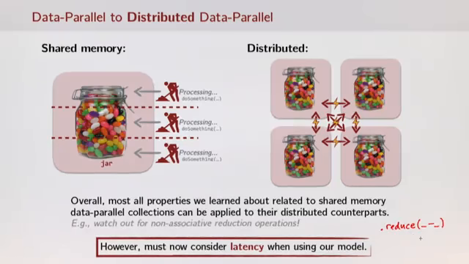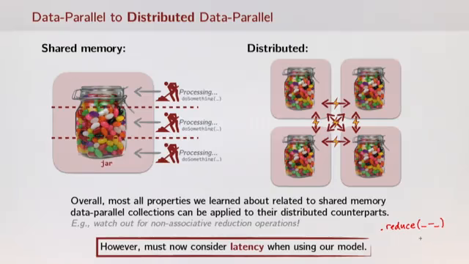And in parallel collections, that will give you a non-deterministic result. Spark is exactly the same way. When you do these things in parallel and you have a non-associative reduction, the same exact thing happens. You can have non-deterministic results.